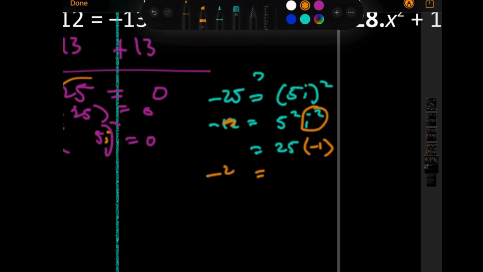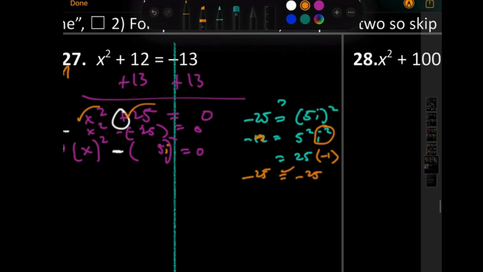Negative 25. Now, if you get stuck on this part, let me show you another method that you can do, something like this. Negative 25 equals x squared. You're solving for x, and that's what goes inside the parentheses, if that makes sense. So if I take the square root of both sides, you're going to have x equals plus or minus.